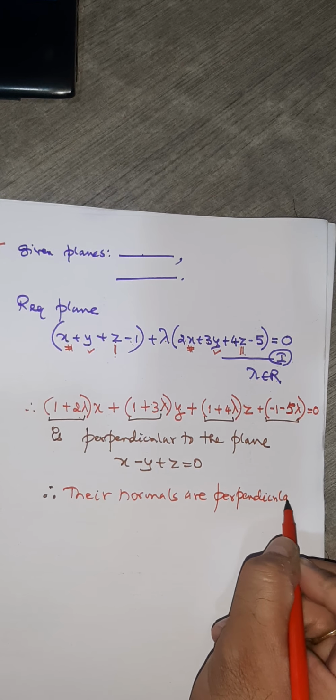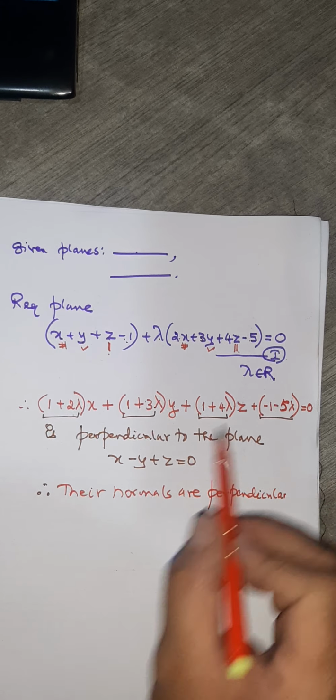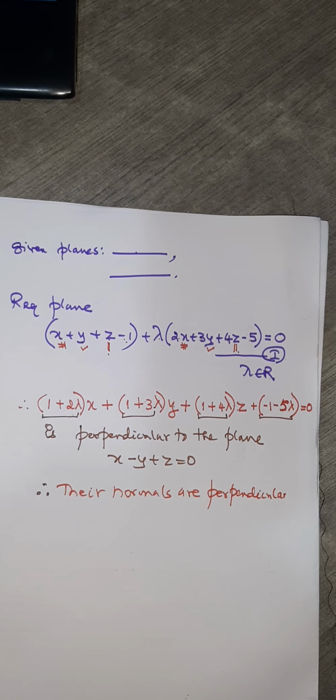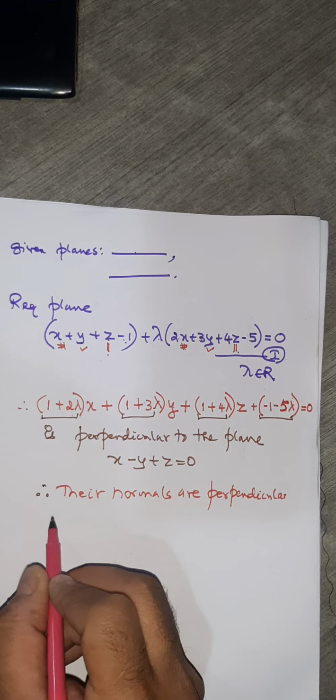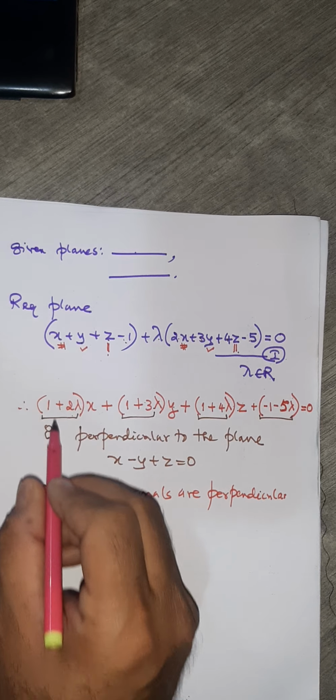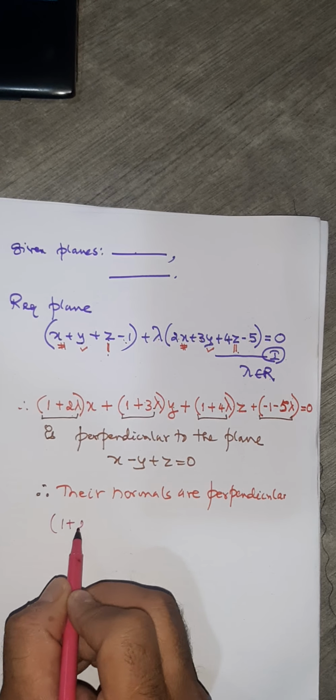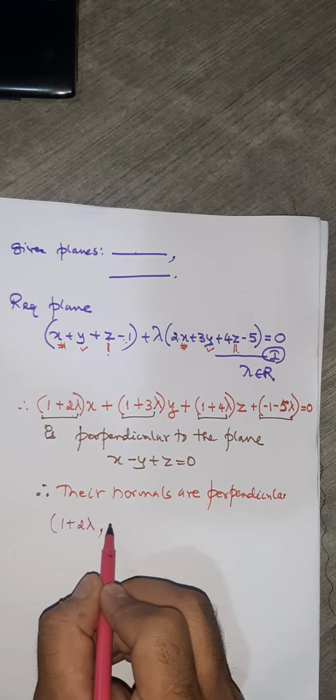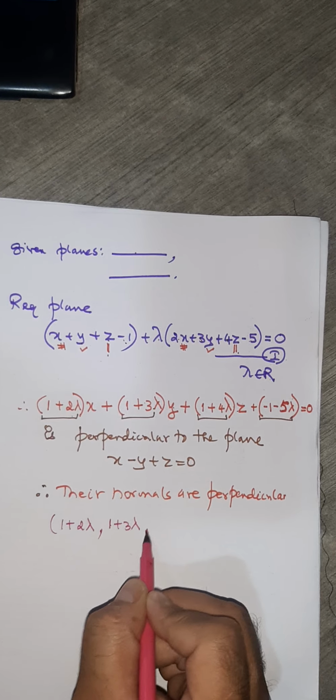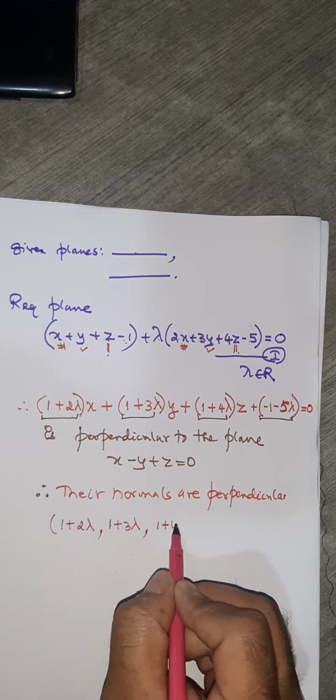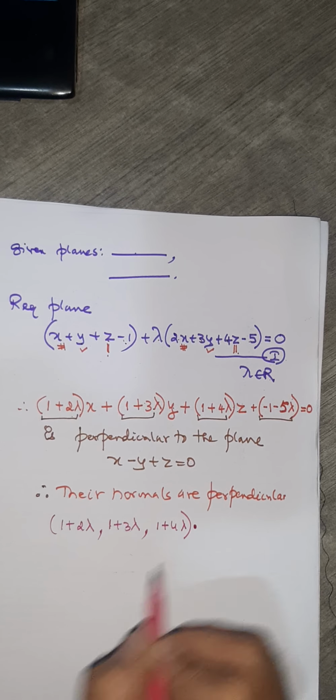So get the normal. That's why I've expressed it in this form. You can get the normal only when you have the ax plus by plus cz plus d form, remember. So what's the normal to the first plane? That is here 1 plus 2 lambda, comma 1 plus 3 lambda, comma 1 plus 4 lambda. That's the normal to the first plane.